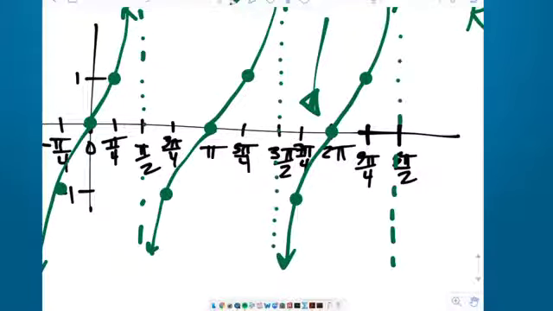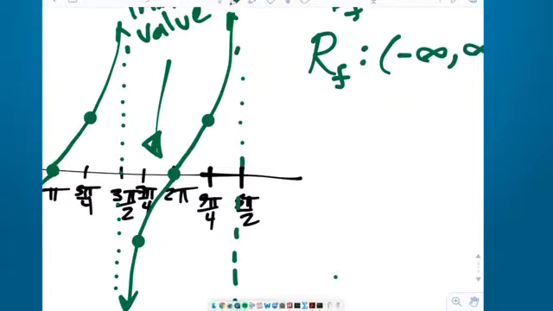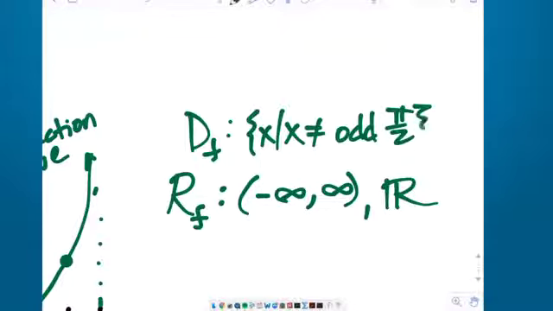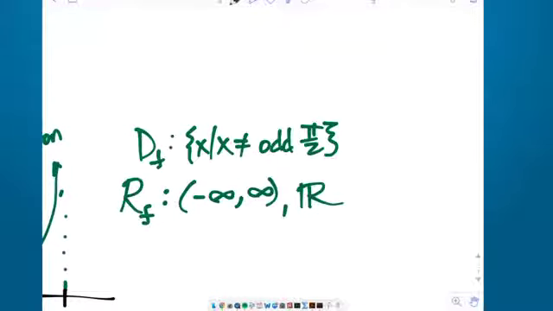The next one would be 7 pi halves, 9 pi halves, 11 pi halves. So you could say it's going to be the set of all x such that x is not equal to odd pi halves. And remember, with set builder notation, you have a little bit of flexibility.